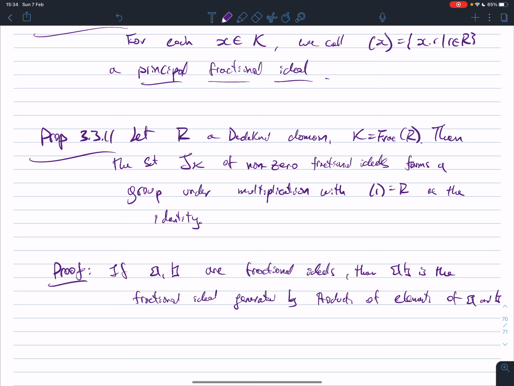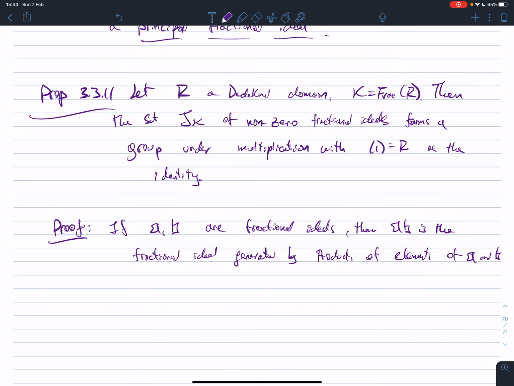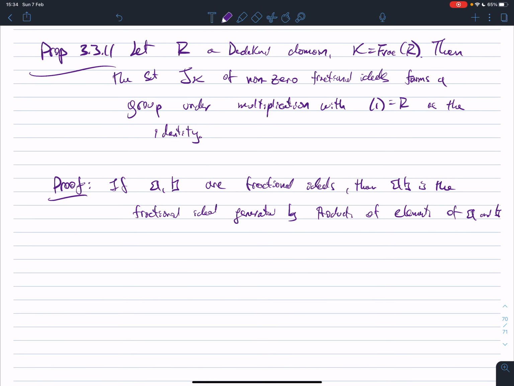So to go back to the definition of what the product of two ideals is, you can just go through and change it for fractional ideals, and you'll see that this is again a fractional ideal. This is clearly associative because ideal multiplication is associative, and somehow this implies that multiplication of fractional ideals is also associative. We saw this in problem sheet 1, the associativity.